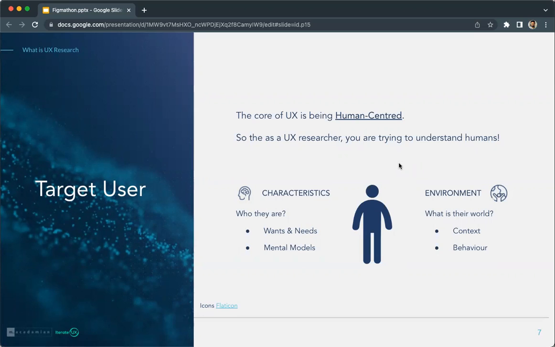And the second thing you're focusing on is their environment. What does the world around them look like? What's the context that they're operating in? Who is around them? And how do they behave and act in this context? These are the real insights that you're adding to the design process as a researcher.